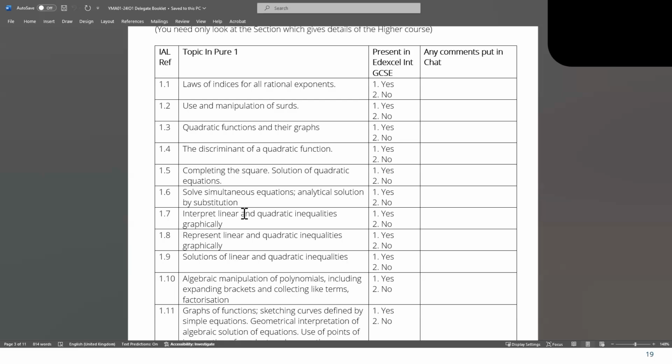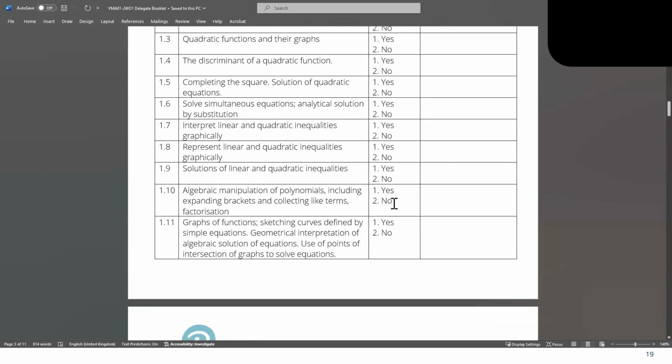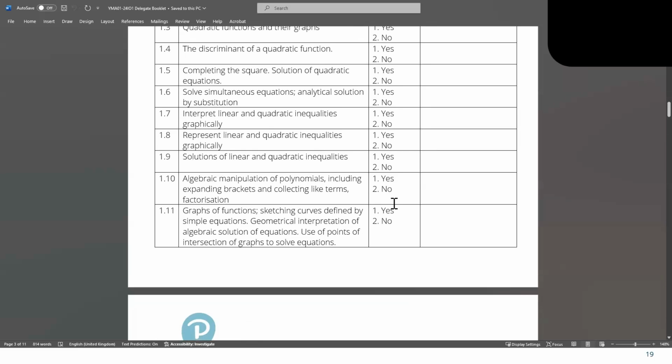That's a yes. The 1.7, interpret linear and quadratic inequalities graphically: that one is yes, but partly. Regions defined by linear inequalities there.